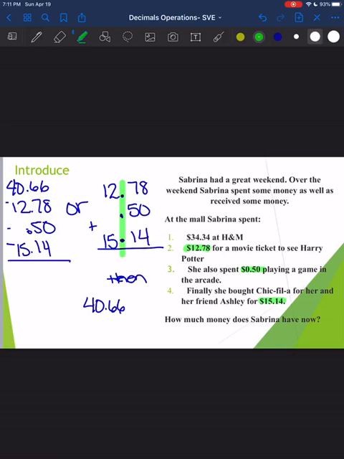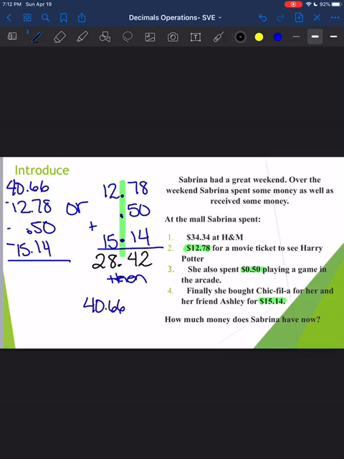My numbers in the ones place are aligned correctly, and my numbers in the tens place are aligned correctly. So when I add those together, I get, what is my answer? Correct. You get $28.42.